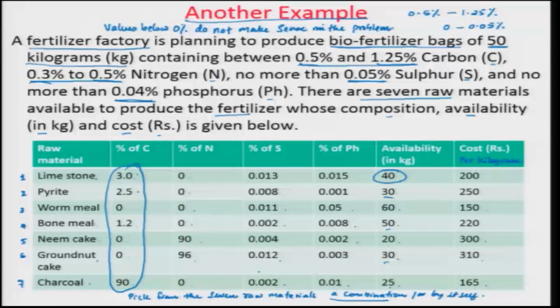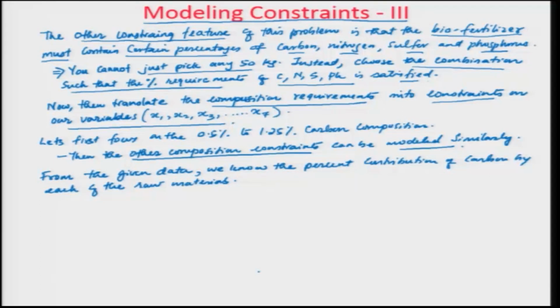So if I write it down, then I can write it as 0.03, so 3% is translated to 0.03 times x1 plus 0.025 x2, right, plus 0 times x3 plus 0.012 times x4 plus 0 times x5 plus 0 times x6 plus 0.9 times x7.